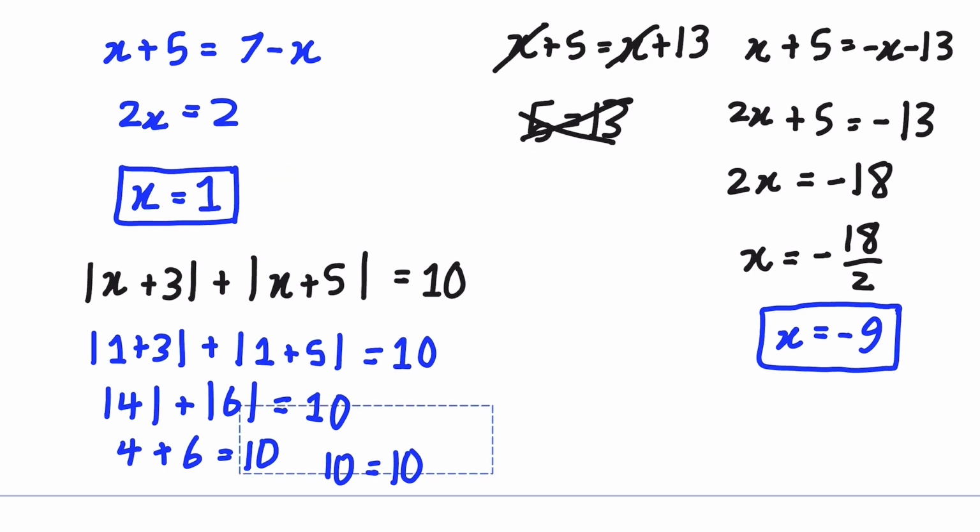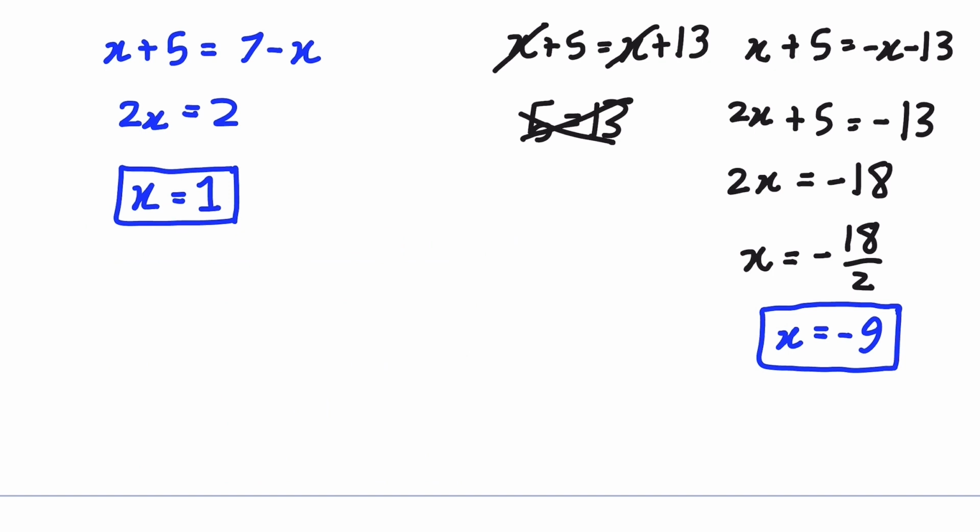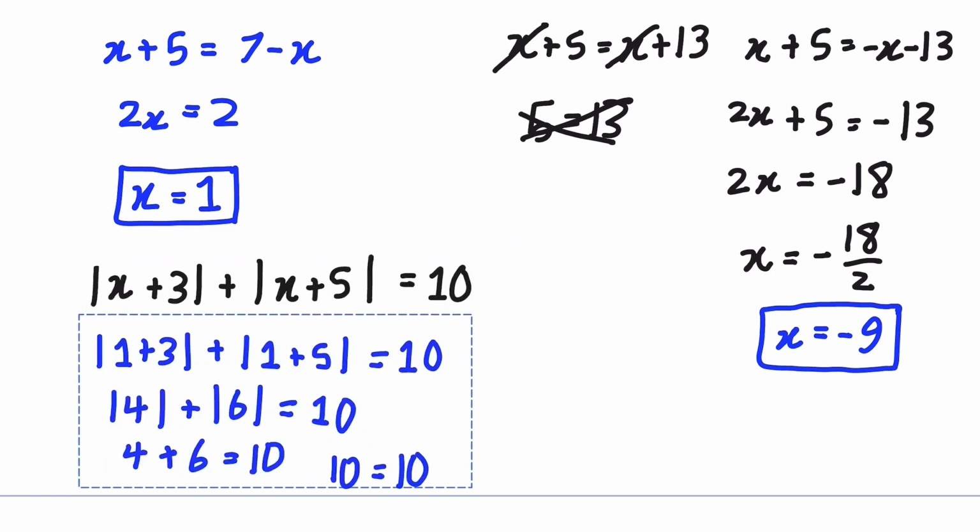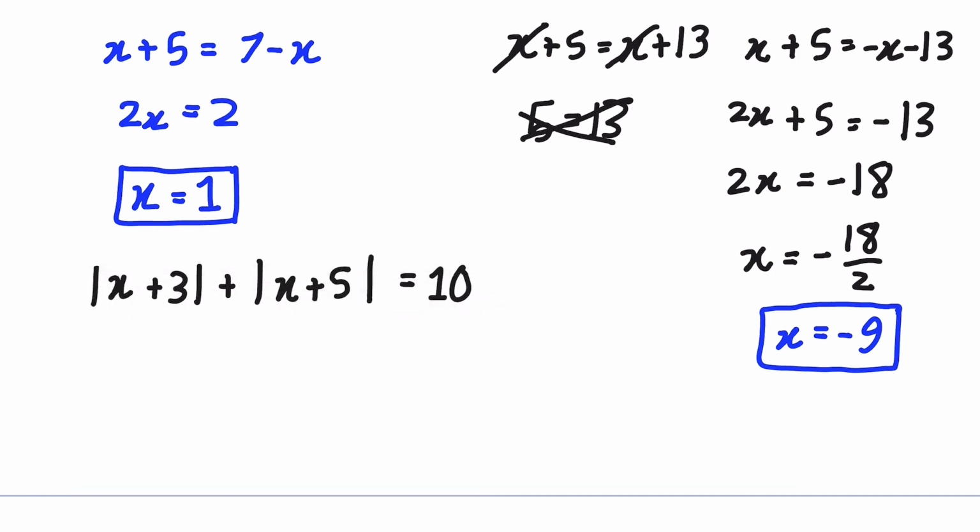Let's try and prove the other value of x we have. Let's keep the original formula, and we'll substitute the value of x here and here as well. So it will become modulus of -9 plus 3 plus modulus of -9 plus 5 equals 10.